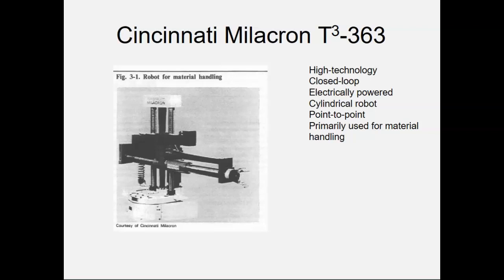Electrically powered, that's fairly typical. Why? Because electricity is very abundant, right? We have electricity in most countries that use robotics and manufacturing. And they're becoming more and more prevalent as we go, right?